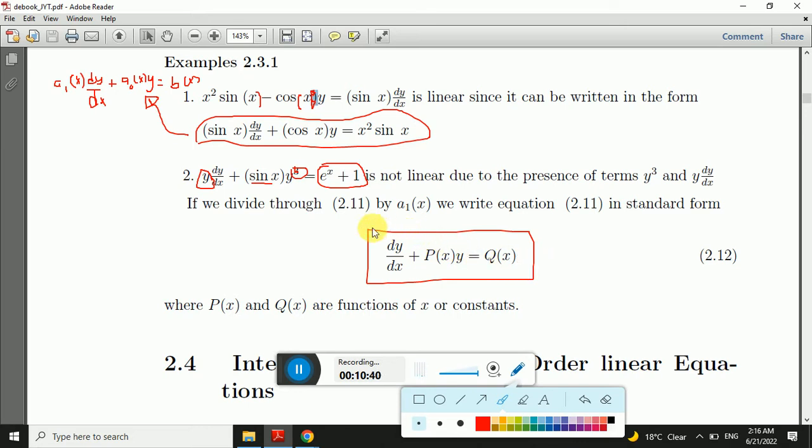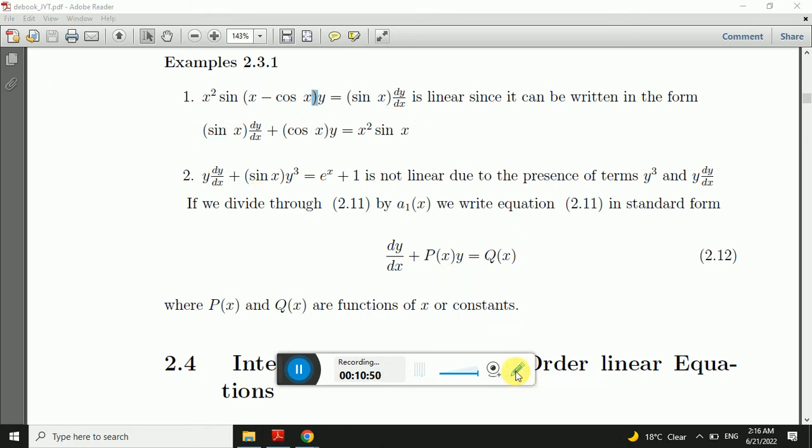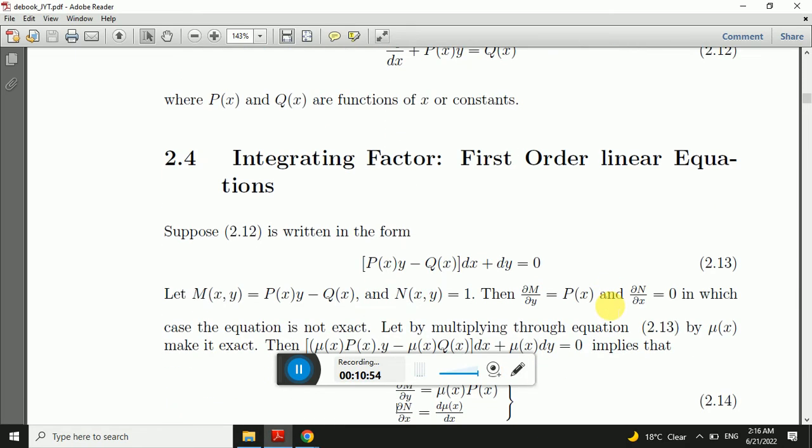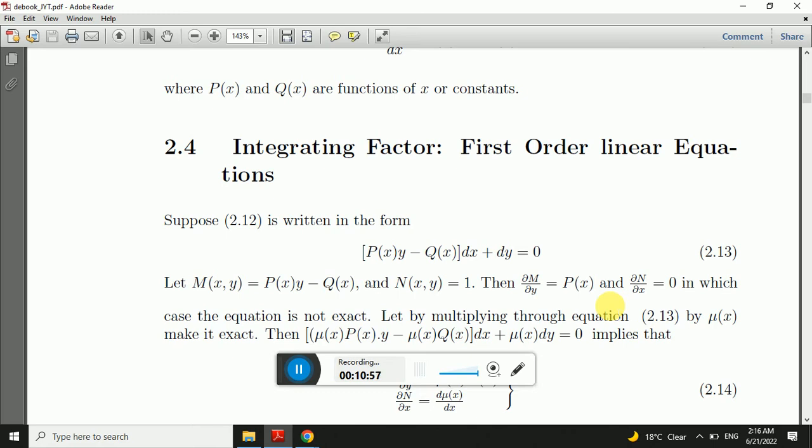So if you have a differential equation of this form, how do you solve it? That now leads us to our next method of solving differential equations, and that is the method of the integrating factor.